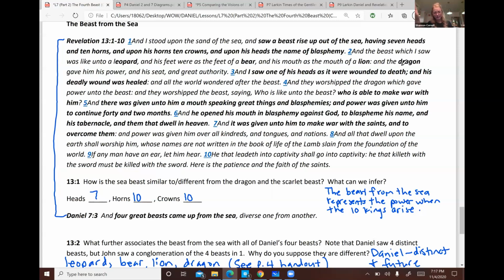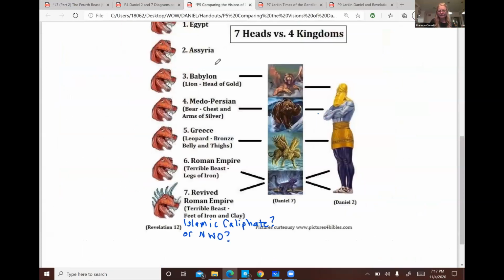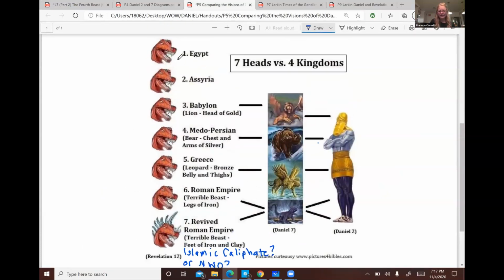It looks Roman over here, it looks Greek over here, but guess what? It's all the same power with different heads, okay? So once again, those heads are just the red dragon raising his power through different facades. Think about Greek and Roman mythology.